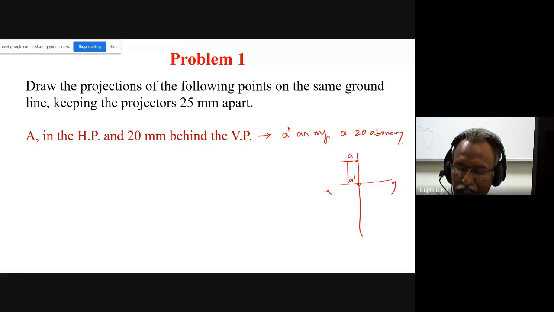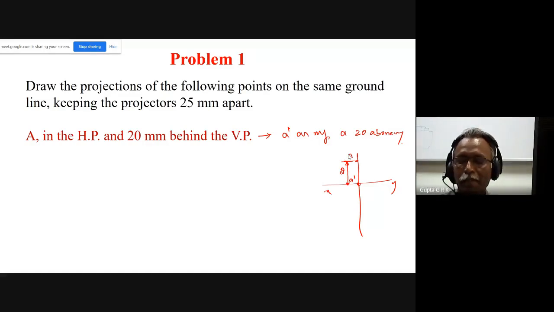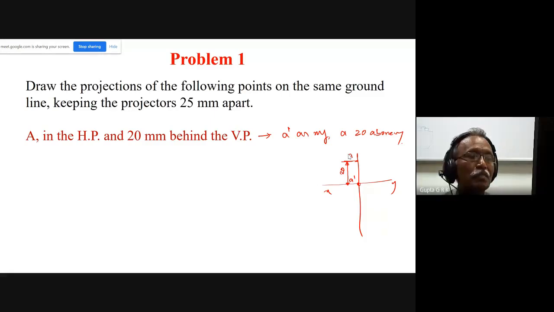At a distance of 8 mm, draw the dimension line with arrowheads and write 20 here. Is it okay? Yes, sir. This is the way you have to represent the projection of A.